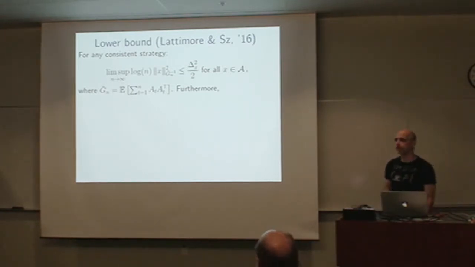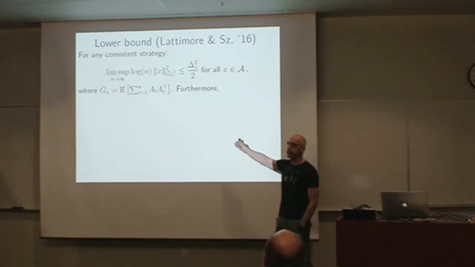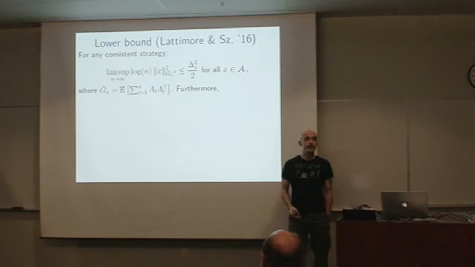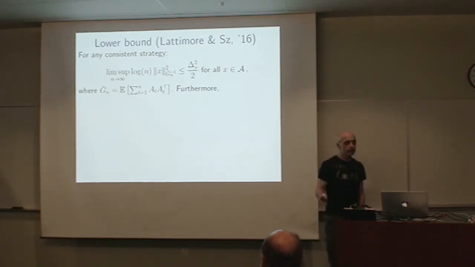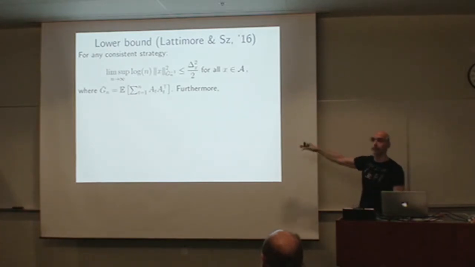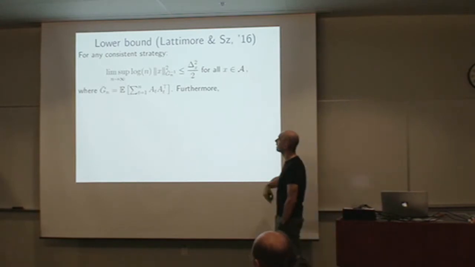This lower bound is algorithm-independent. It's not that I take one algorithm and can't improve its bound. No, it doesn't matter what algorithm you choose, as long as it is a consistent strategy. Consistency was defined as essentially subpolynomial regret growth, like logarithmic.